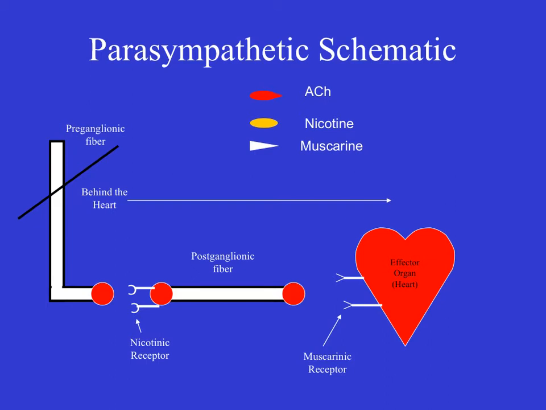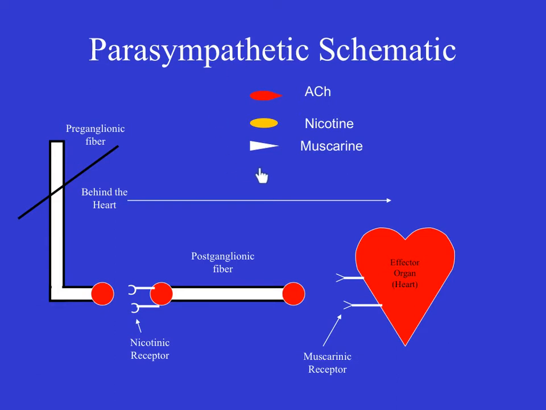So this slide doesn't show anything like that. Here's our terminal ganglia way over here. Well, we correct that by putting this little solid line here and saying that everything over on this side is behind the heart. Good. So now we fixed the schematic so that it works a lot more like it should, and it is spread out so we can tell a lot of what's going on.